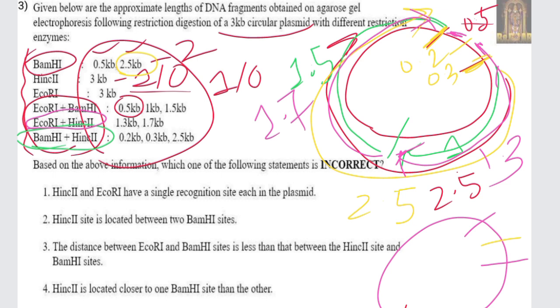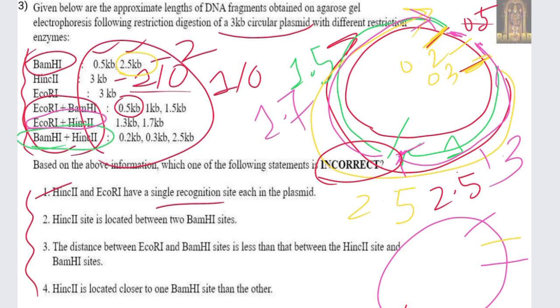And here let's see the answer part. HindIII and EcoRI have a single recognition site each in the plasmid. That is true. Here you have to determine the incorrect sentence. So HindIII and EcoRI both have a single recognition site.